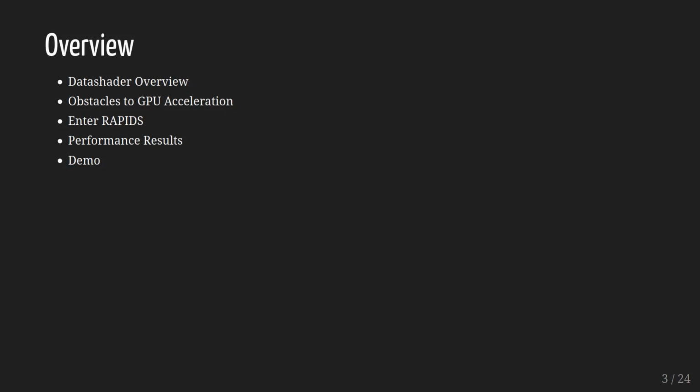Then I'll discuss how the RAPIDS project and the ecosystem around it has addressed these obstacles and made it feasible for a project like Datashader to provide optional GPU support. Then, I'll share a few performance results so you can get a sense of how RAPIDS integration can benefit Datashader users. And finally, I'll close with a demo of RAPIDS and Datashader in action.